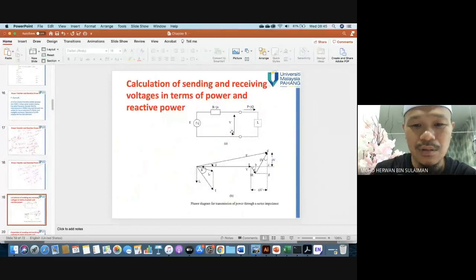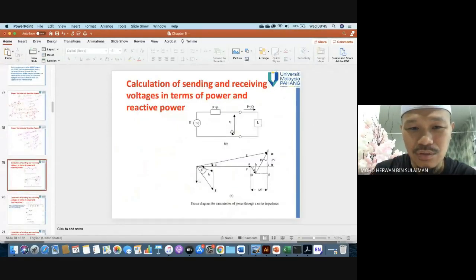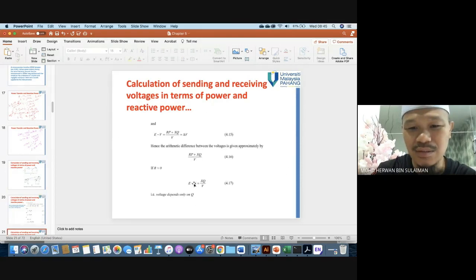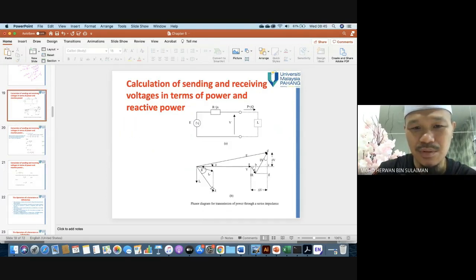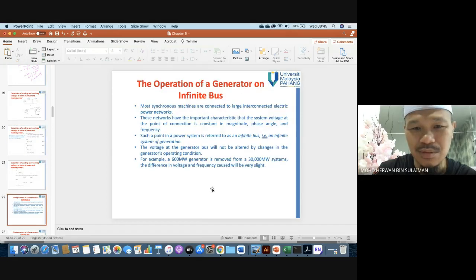Okay. We will look at the relation between the sending end and the receiving end. This is among the important topics, and it usually comes up in the exam. How we look at the power transfer to a series impedance. This is simple, it is all the same. It is just the way we look at the impact of your Q and V. That is among what comes up in the exam. And then we go for the operation of a generator on an infinite bus.